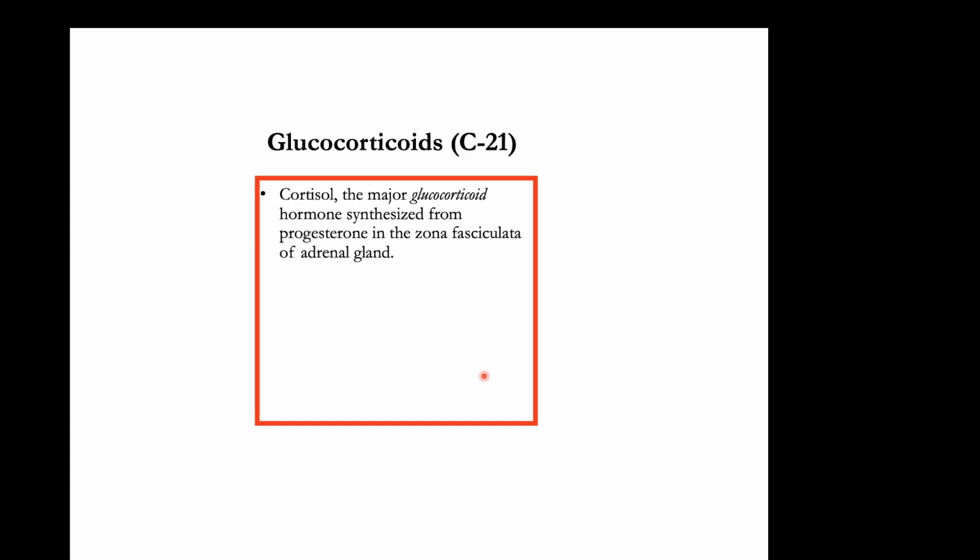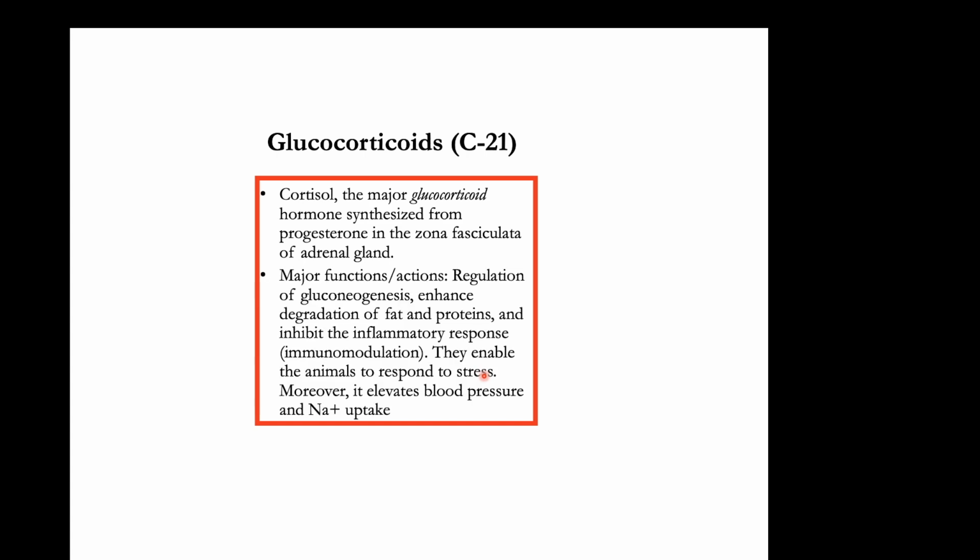We have recently discussed the adrenal gland, and the major action of glucocorticoids or cortisol is the regulation of gluconeogenesis, as we have learned in introductory biochemistry in second year. It also enhances the degradation of fats and proteins and inhibits immune and inflammatory responses.